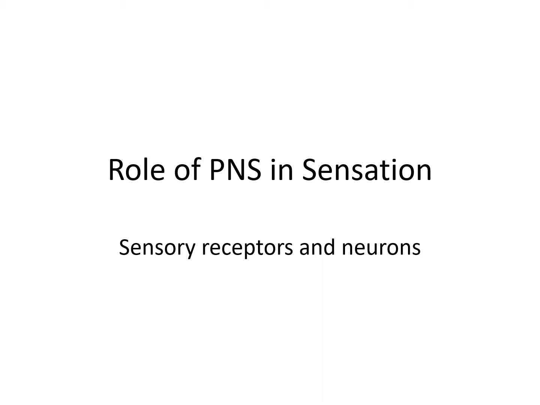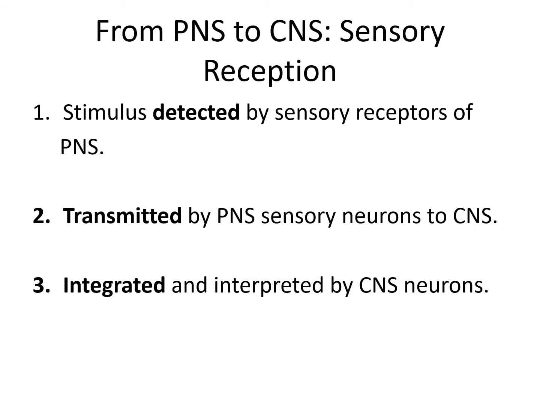So in order for us to discuss the peripheral nervous system and sensation, we need to discuss sensory receptors and their neurons associated with them. How are the receptors receptive to different stimuli? Well, first thing we need are the sensory receptors of the peripheral nervous system, and these detect the stimulus.